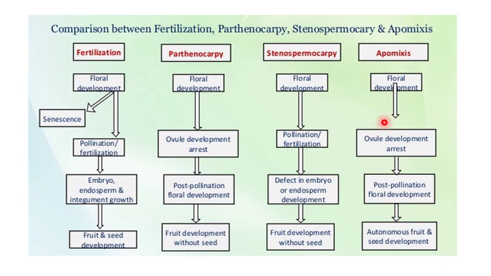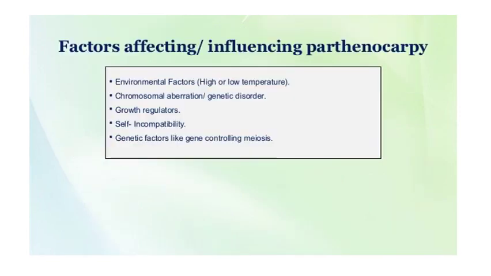It means when the seeds are produced, fertilization does not occur. That's why the autonomous fruit and seed development are performed, and the autonomous fruits are obtained during apomixis. This is the comparison between them.